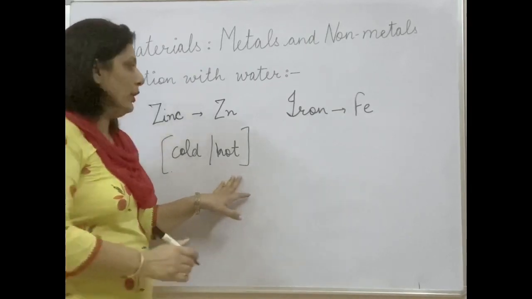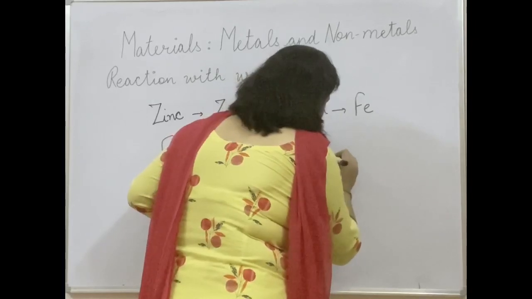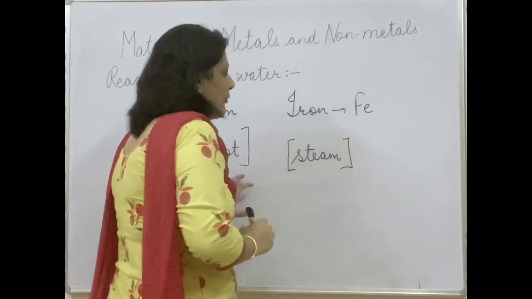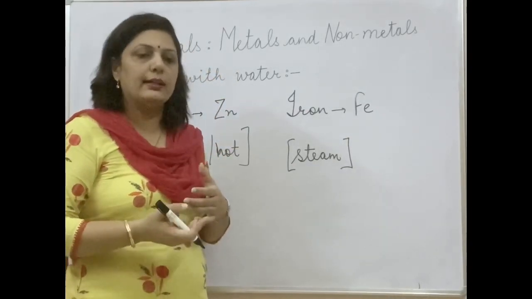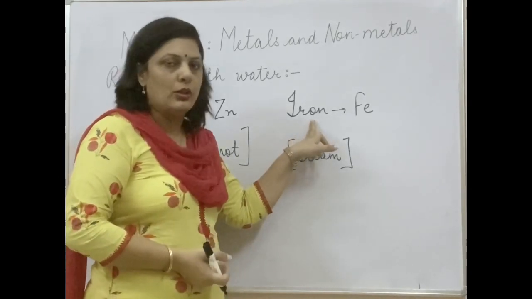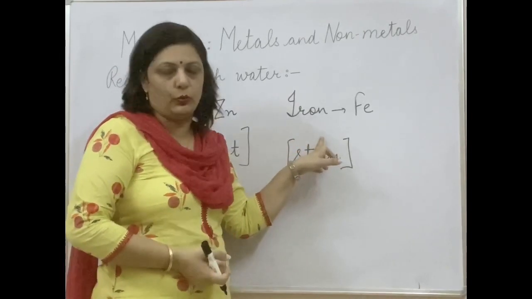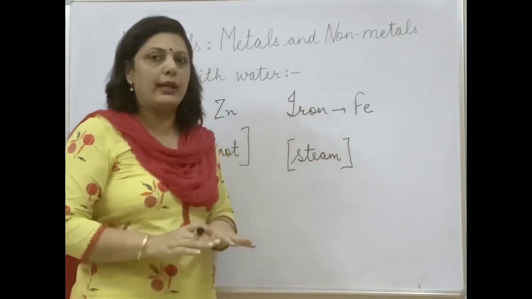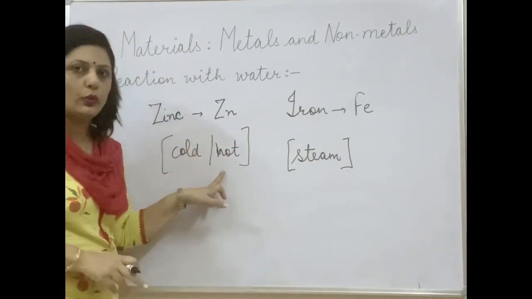If steam is present, then iron will react with steam. It means if you are heating water for long and it has turned to steam, at that time it will react with iron. So iron also shows a reaction with water, but the state is steam; it will not react with hot and cold water. Zinc will show no reaction with hot and cold water.